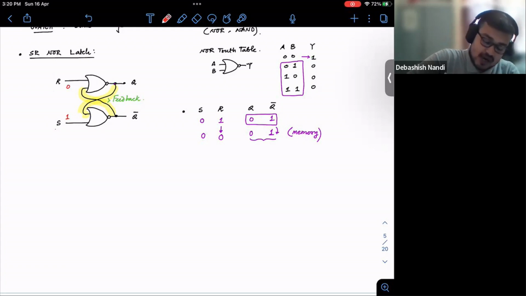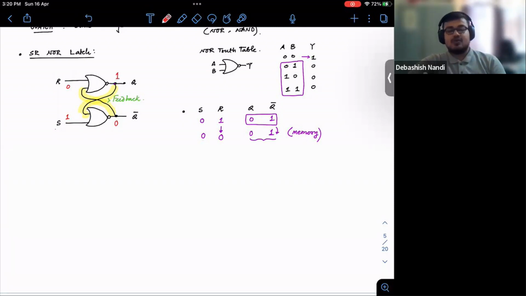So if this is 1, then the output of the NOR gate, any of the input if 1, output will be 0, right? And this 0, 0 would be 1, right? And then this 1, 1 will remain 0, right? Basically, the flow is if one of our input is 1, output is 0, and 0 is going here, right?